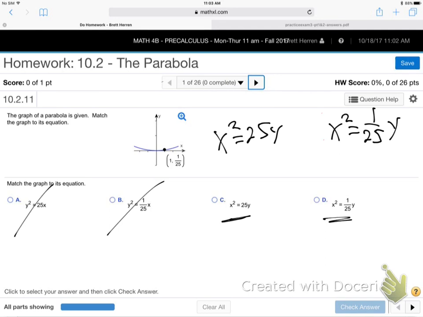Just plug in the point. Totally. Just take the point, which is x 1, y 1/25. So you put in x equals 1 and y equals 1/25. Does it work for that one? Yeah. 1 equals 1. That's the one. Must not work for the other one.